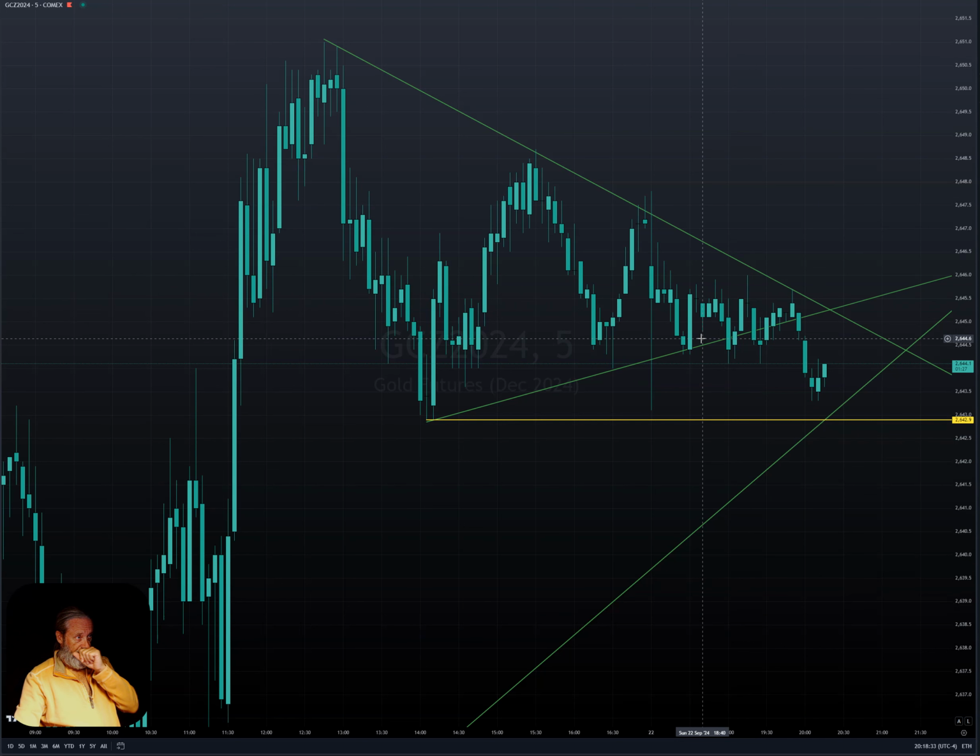It was either going to break up and keep going up, or if it broke down, there was a decent amount of room below it to fall. I took this trade because it had already broken, and I knew the bottom one was now weakened. So then I took a trade from here down, and also one from here down.